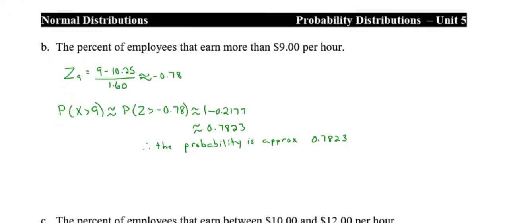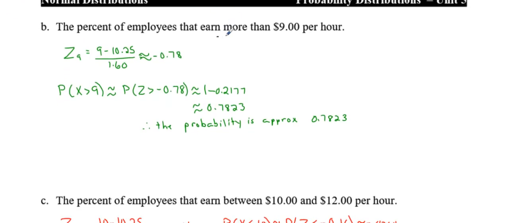For B, we were trying to find the probability of being more than, so the z-score was approximately negative 0.78, and the probability of being less than negative 0.78 was 0.2177. Since we want the probability of being more than that, you have to subtract that from 1.